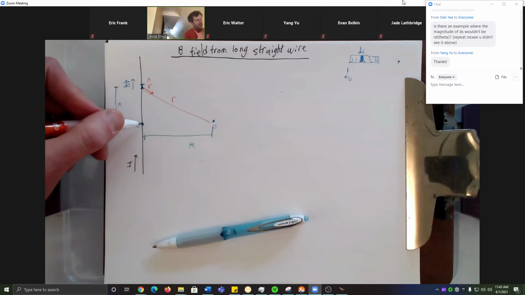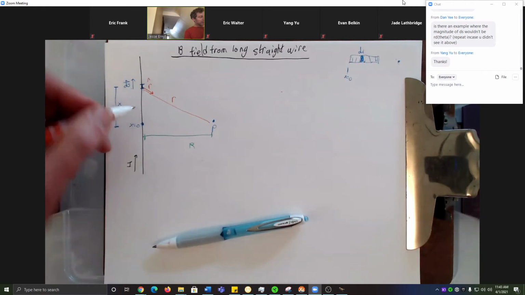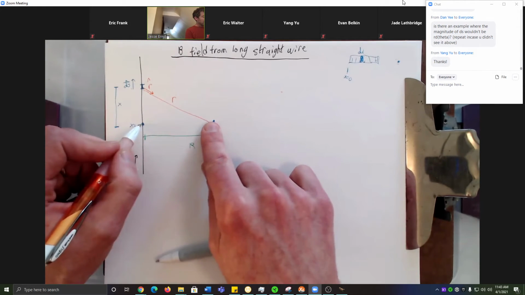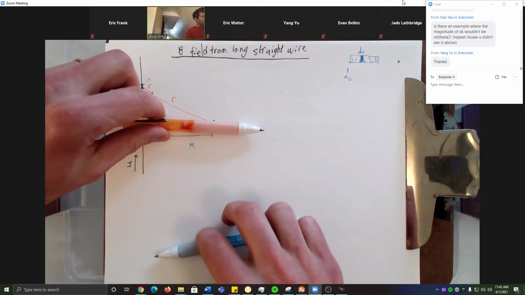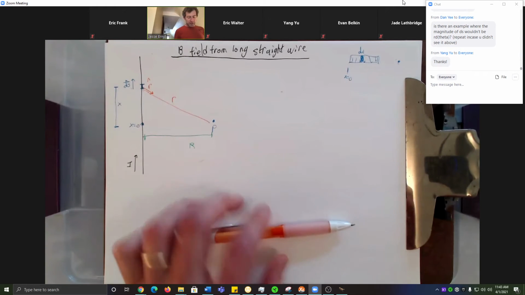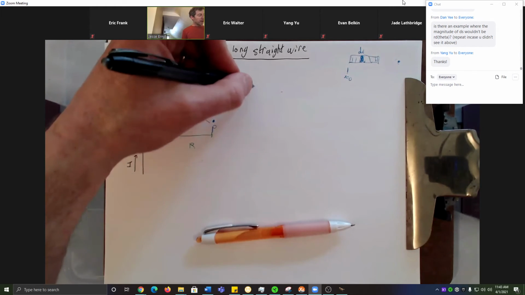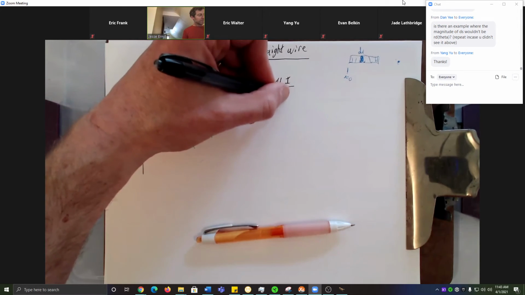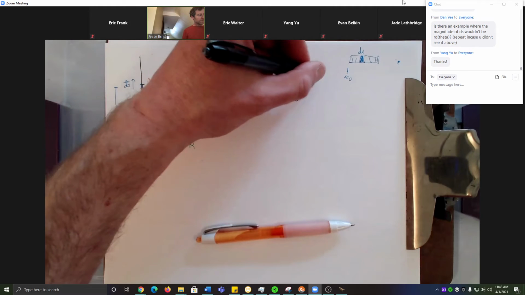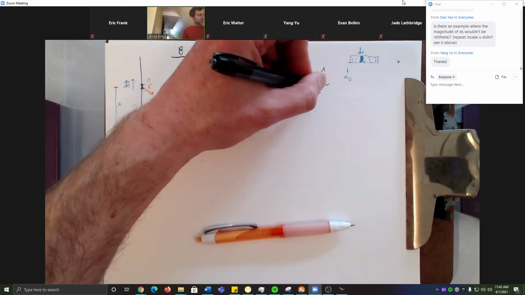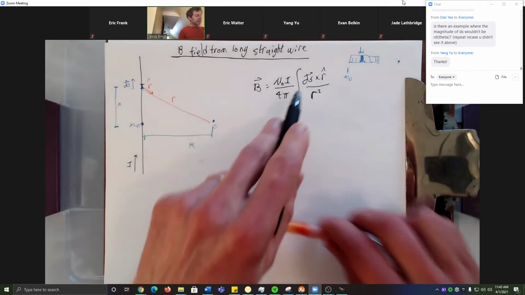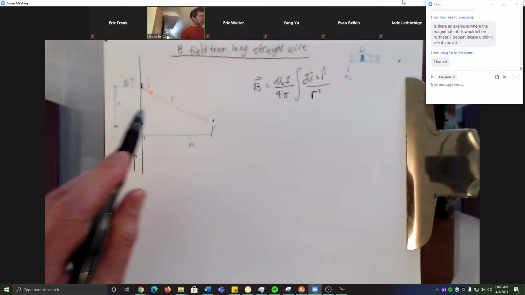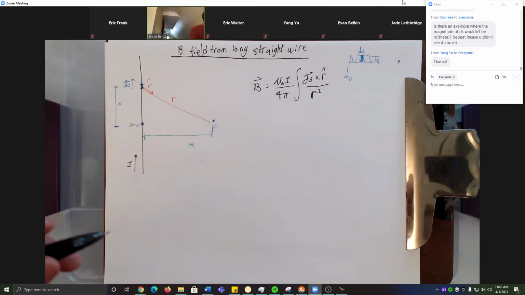And right away, I can tell you this element contributes the most because it's closest. And also ds and R are perpendicular. So when we write down the Biot-Savart law, right? We're going to use this to find the B field there. Let's just find the B field from that one element.